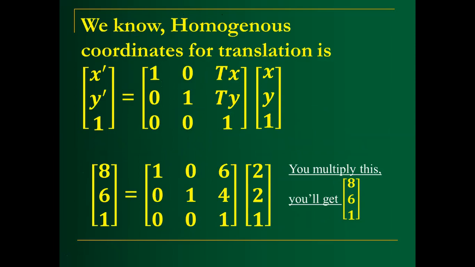So still we got 8, 6, whatever we got by addition, with this multiplication we got 8, 6. So essentially, homogeneous coordinates eliminate addition, that is point 1. Number 2, it is very helpful if you want to combine various transformations.